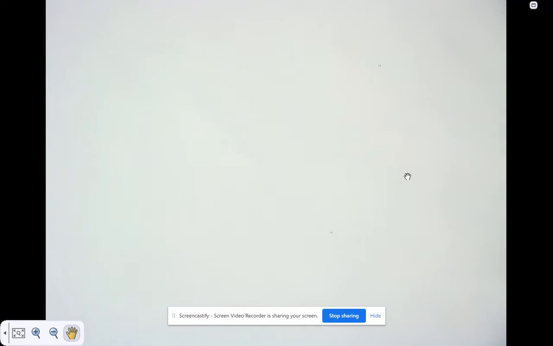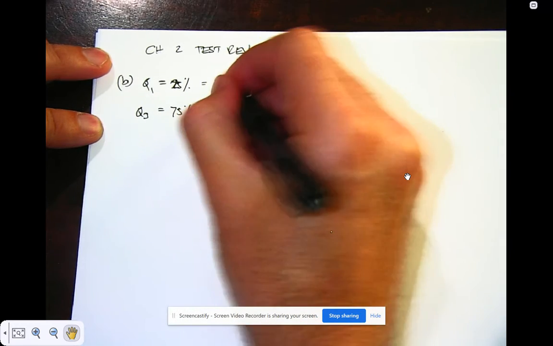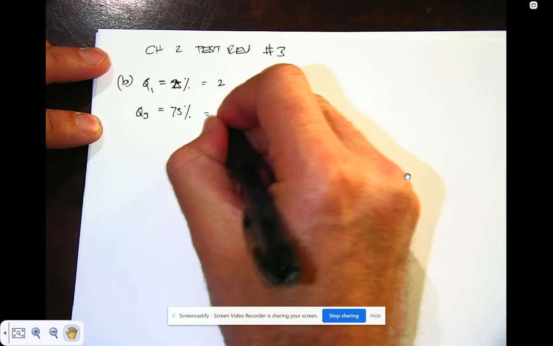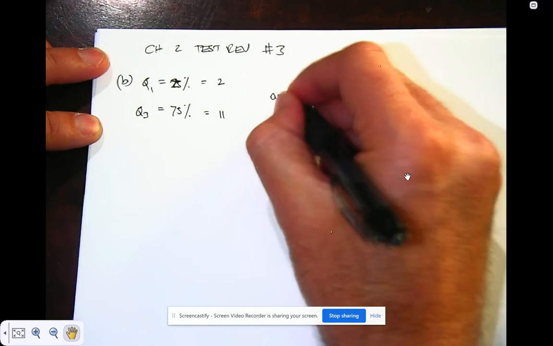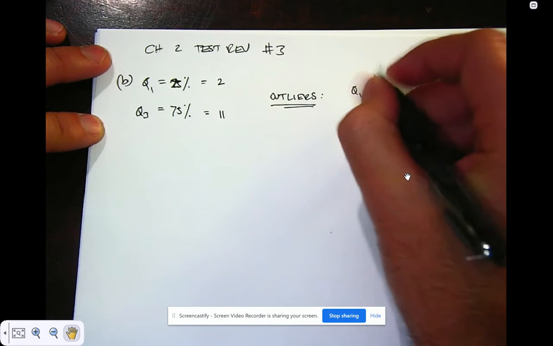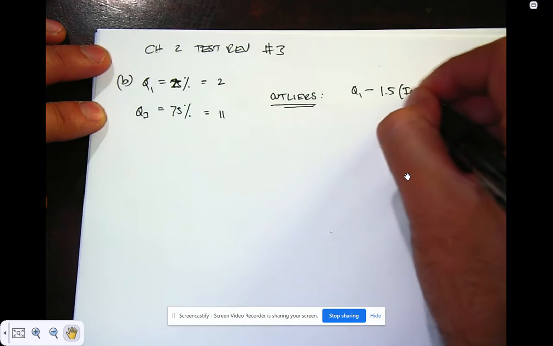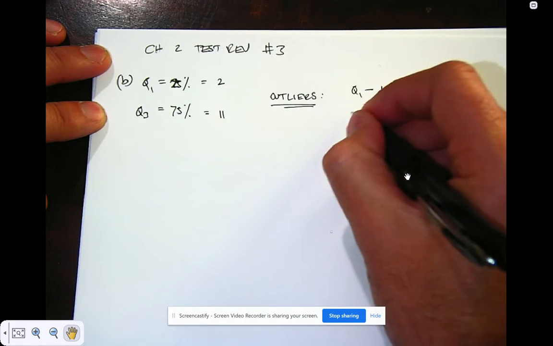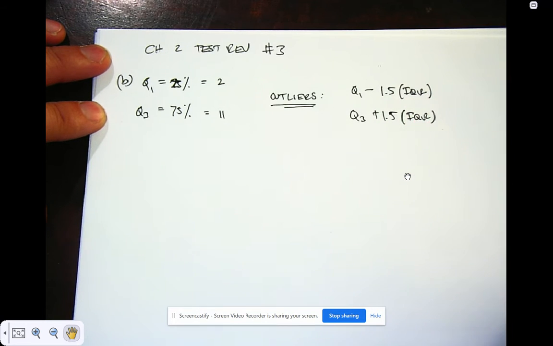Well, how do we do that? Here's what we do. We said quartile 1 was 2 and quartile 3 was approximately 11. So to find outliers, as a review, what you do is you take quartile 1 and subtract 1.5 times the IQR, or you take quartile 3 and add 1.5 times the IQR.